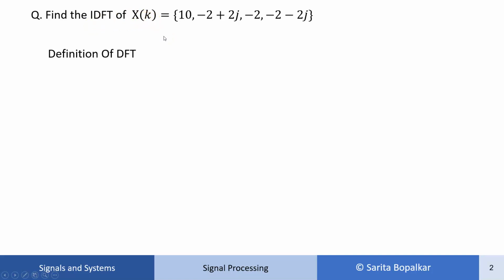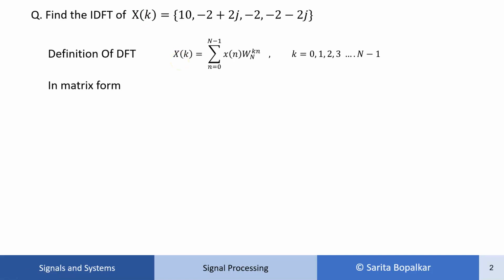Now we know how to find the DFT. The DFT equation we already know: X(k) is equal to the sum for n from 0 to N-1 of x(n) W_N^{nk}. This is the twiddle factor matrix and this is the X(k) DFT.